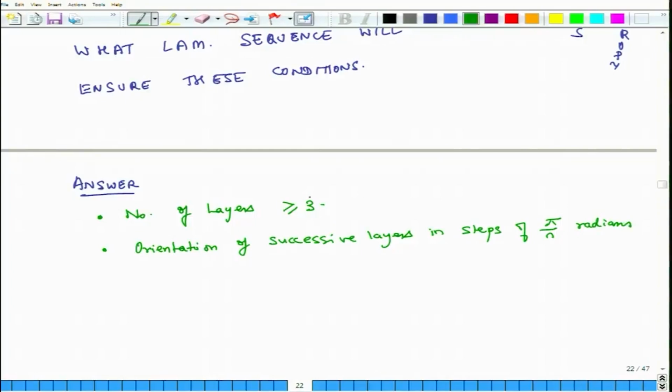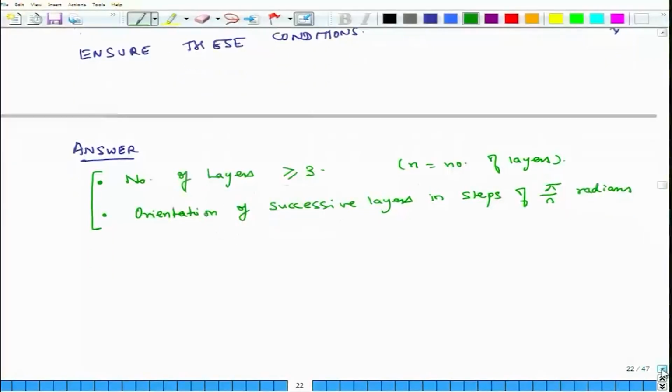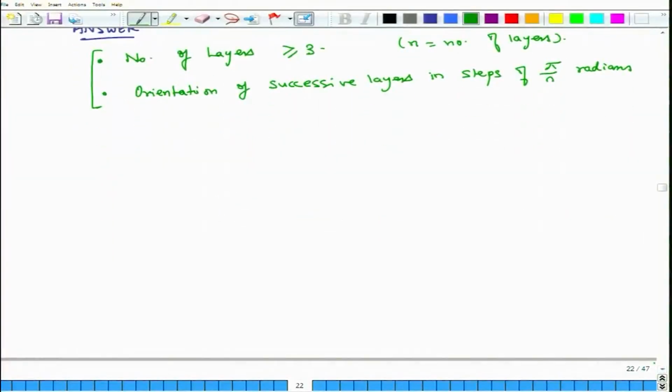So, n is number of layers. Okay. So, if you meet these 2 conditions, you will ensure that there is quasi-isotropy and the plate will behave as a quasi-isotropic material in the in plane direction. Out of plane, we still have to worry about it, but in plane it will ensure that.